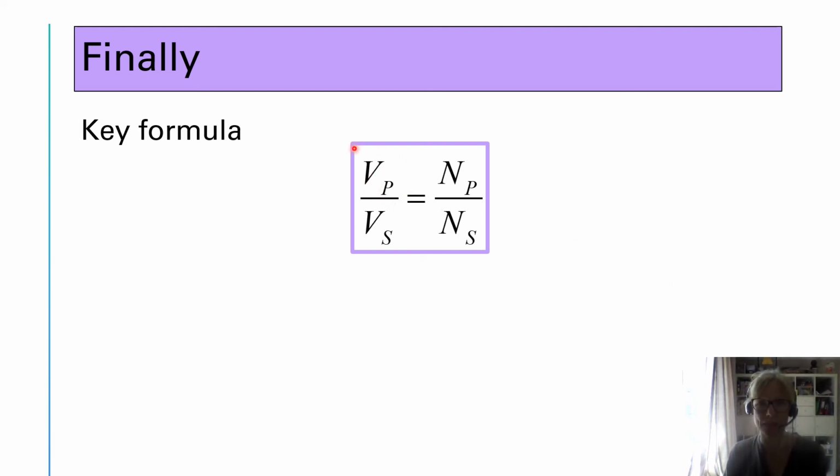So VP is your voltage on the primary, and that divided by the voltage on your secondary is equal to the number of turns on the primary divided by the number of turns on the secondary. And this is a ratio. You would call this a ratio.